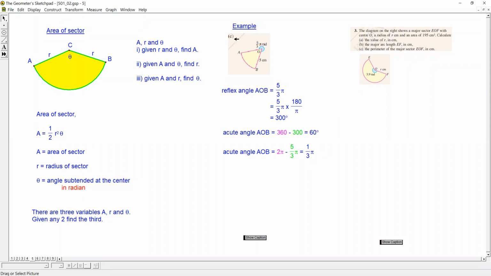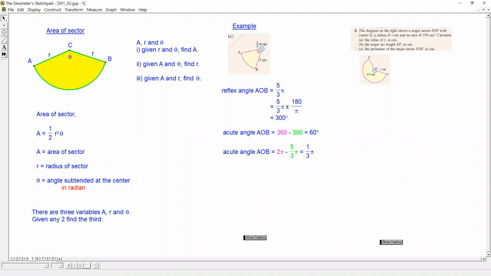However, what if the reflex angle given to you is in radians? How are you going to use 360 minus radian? So this is what we are going to do. Instead of 360, you write down 2 pi. I told you to memorize the table, right?